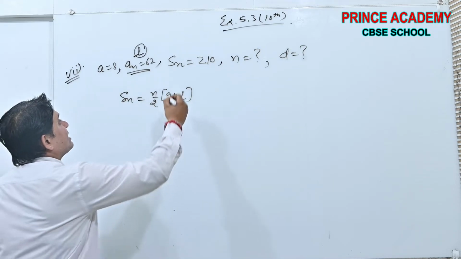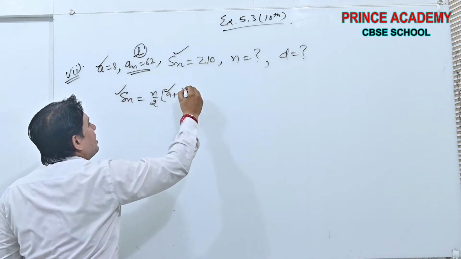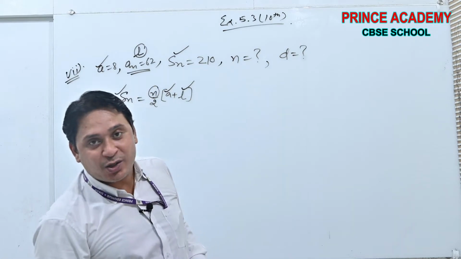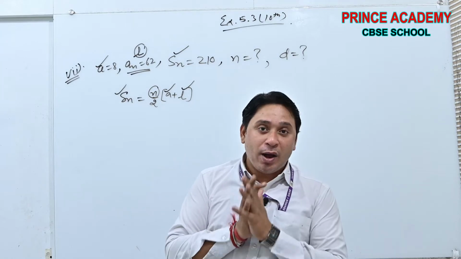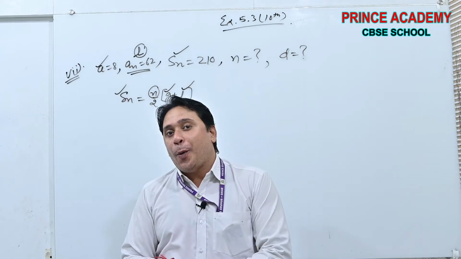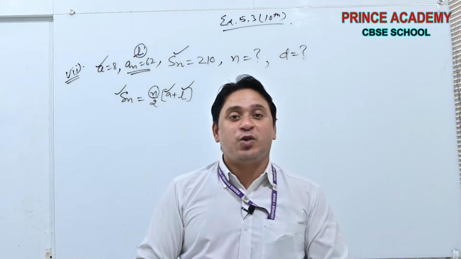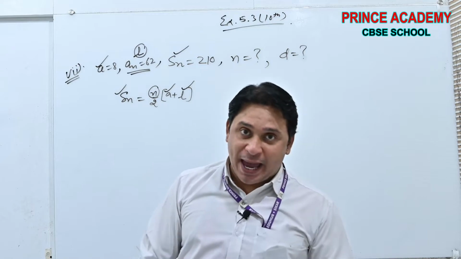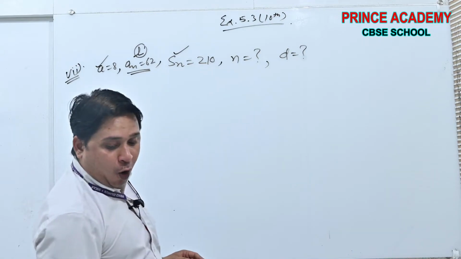Sn is given, a is given, L is given, and n can be found very easily. So that's why, Princians, I always say your observation should be very sharp. If your observation is sharp, you can solve each and every problem very easily. So make your observation sharp and keep your mind running always.